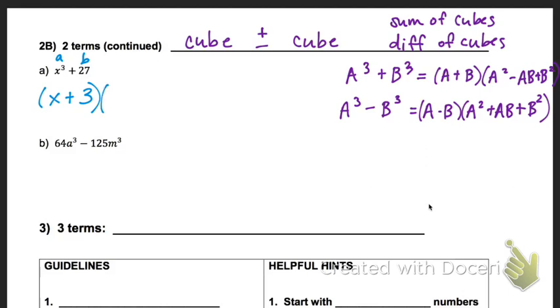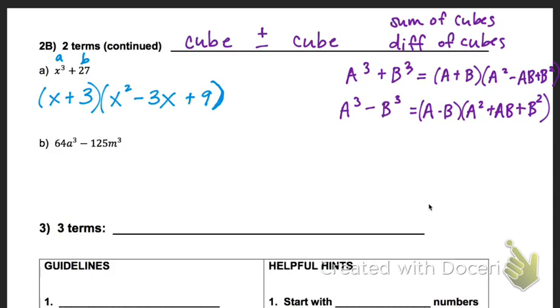Then it looks like a squared minus ab plus b squared. So x squared minus 3x plus 9. Is that it? Mm-hmm. Okay. So you're just plugging in the a's and the b's. So you just have to memorize this formula. Yes. Okay, so that's good.